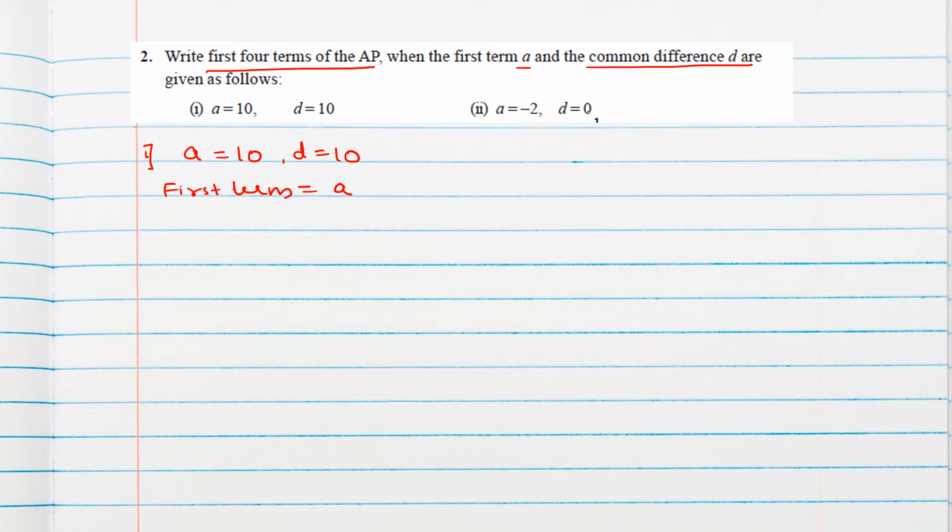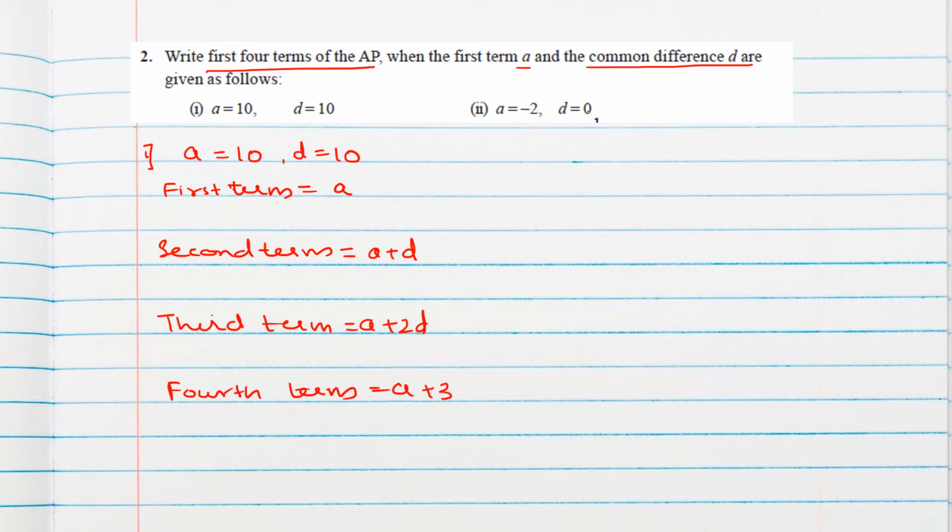First four terms means we should find the first, second, third and fourth terms. In the introductory part we saw that the second term will be A plus D, the third term will be A plus 2D, and the fourth term will be A plus 3D.